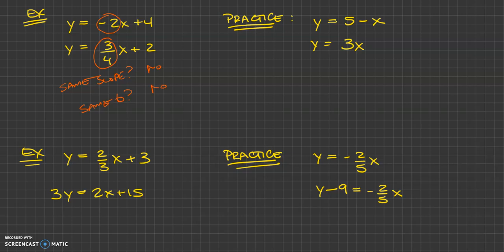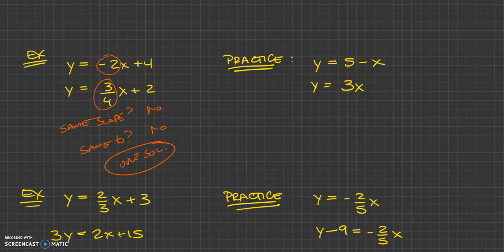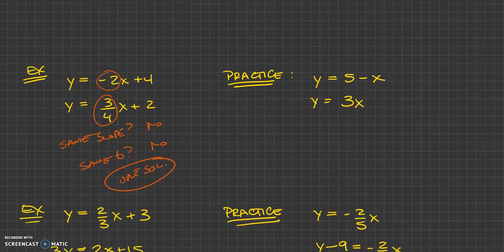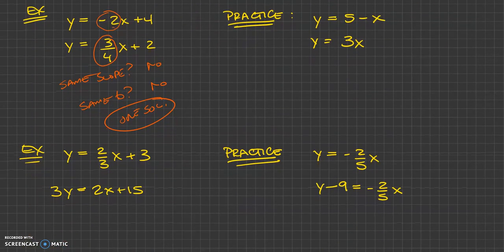So they have differing slopes and differing y-intercepts. That's an example of one solution. Now if we scroll back up, here, differing y-intercepts, differing slopes, and we can see that graph, that is a one solution problem.